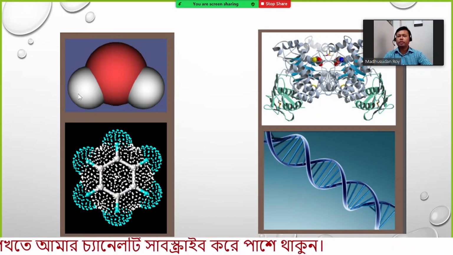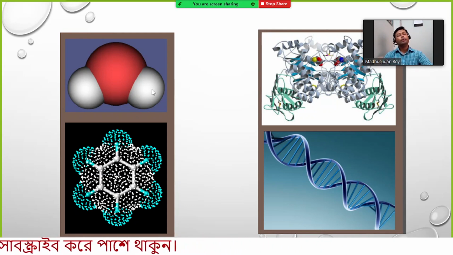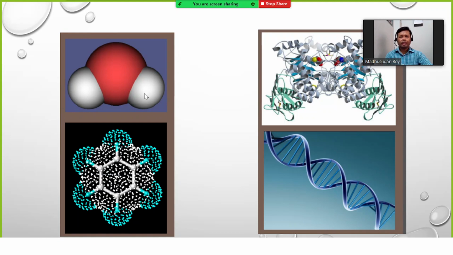This hydrogen will go into this position if you rotate by 180 degrees, but if you rotate 360 degrees, it will come back to the same position. When you rotate 180 degrees, it comes here, and then if you rotate 180 degrees again, it goes back to the initial position.